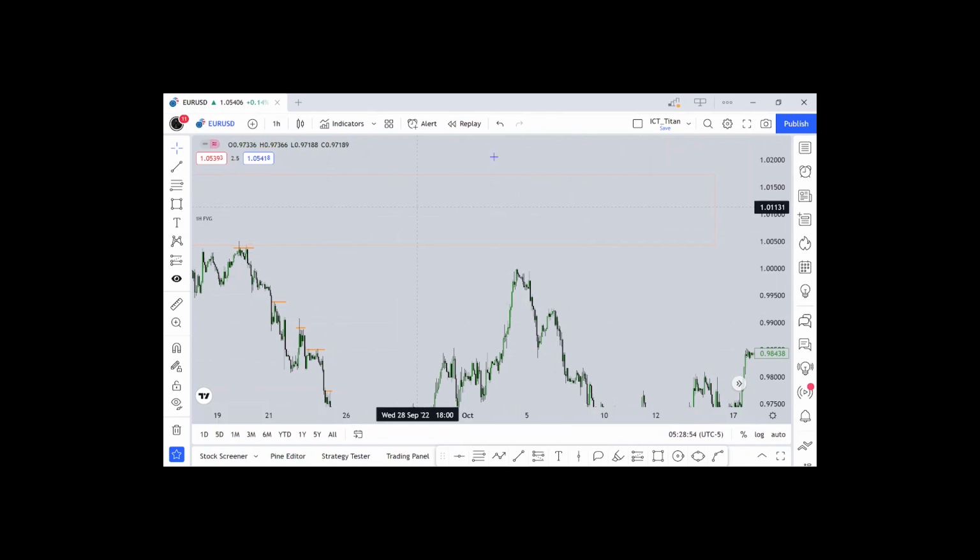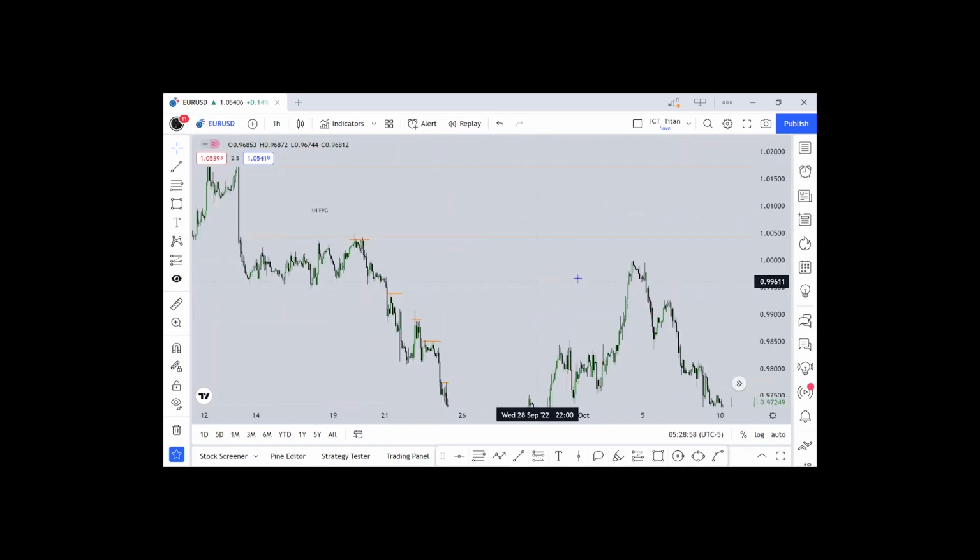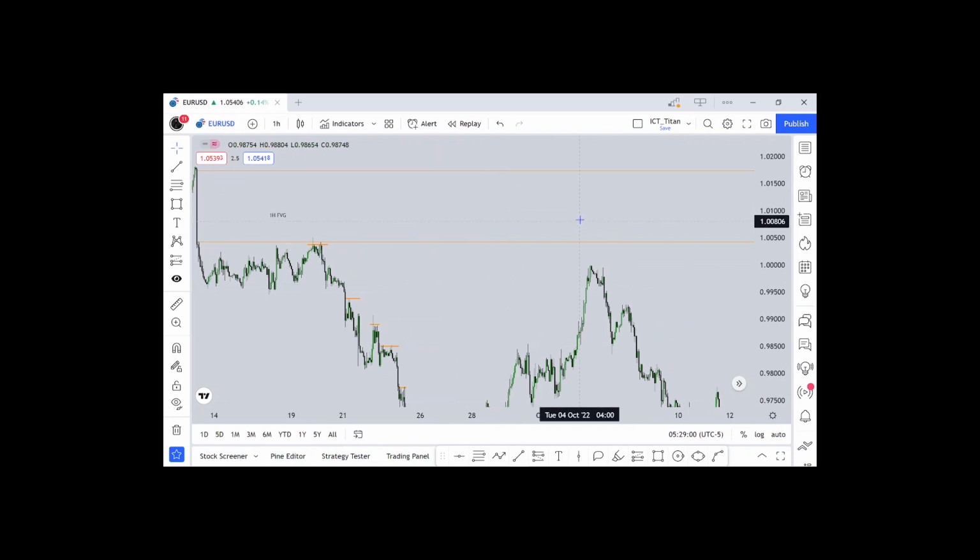So at this particular point, even though the market is bullish, we will see a significant market reversal after hitting this particular point downwards, then move. That is my expectation.